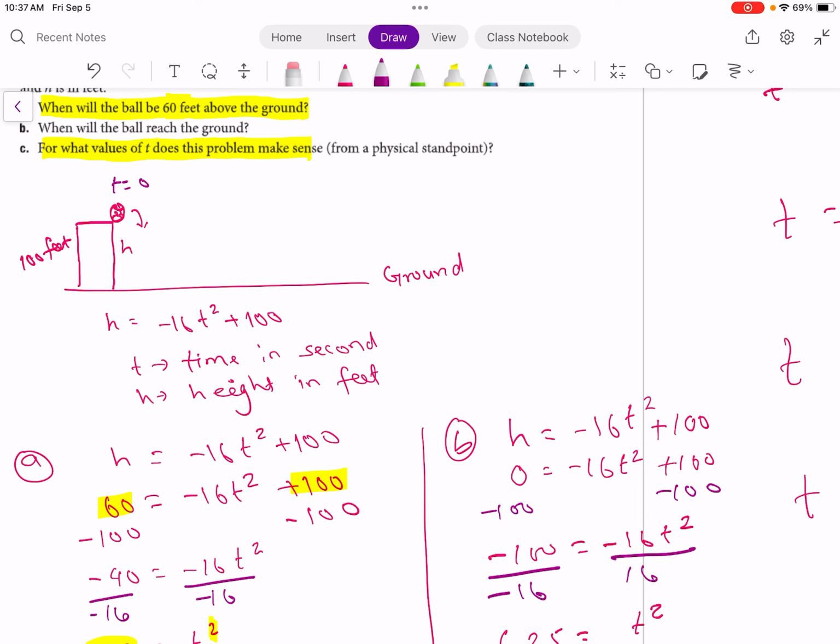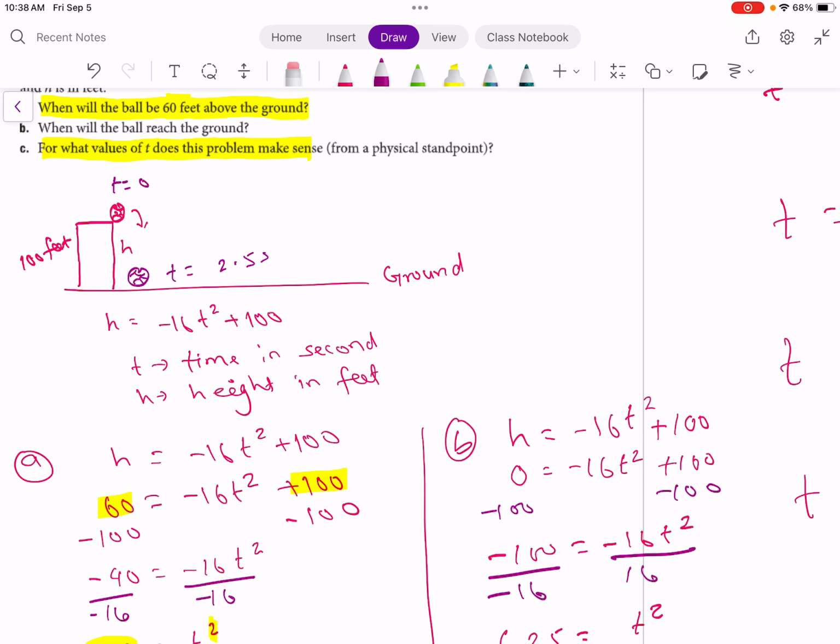When our ball is on the ground, what is the time we calculated in part B? 2.5 seconds. Now, can we have a value of t less than 0? Or can we have a value of t greater than 2.5? What does it mean by having t negative? That's not possible, right? We can't have negative time.